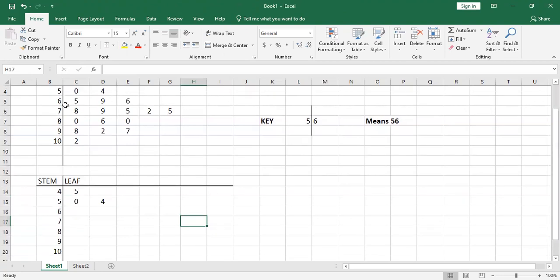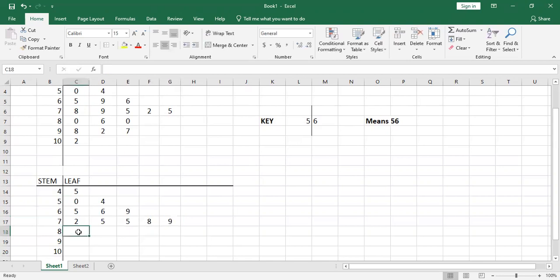Under the 6 here, it will be 5, followed by 6, and then 9. That's the ascending order. Under the 7s, we've got 2, 5, 5, 8, 9.